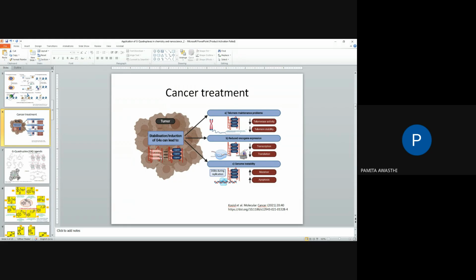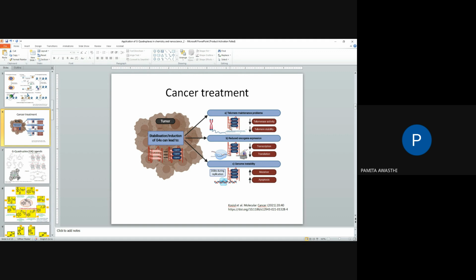Taking all the studies I've discussed up till now, thousands and thousands of ligands are being designed to block the activity or formation of these quadruplexes in the cancer cells.